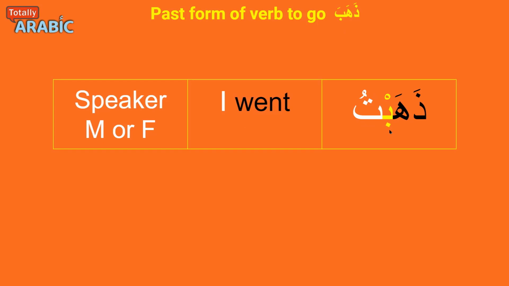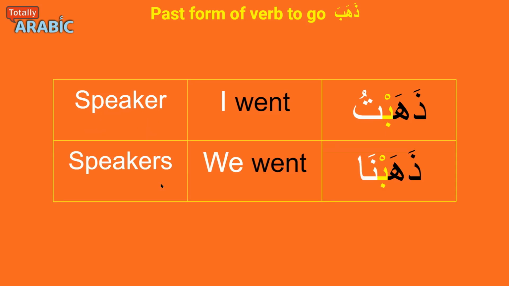So this is the form of a speaker when it has to do with I. It doesn't matter whether the speaker is a male or a female, the form is exactly the same. So if I want to say I went in Arabic, it is ذهبت. This is always the rule for this type of verbs in Arabic. It always keeps the haraka of the first letter and the second one. This one here takes sukun and the last one takes dhamma.